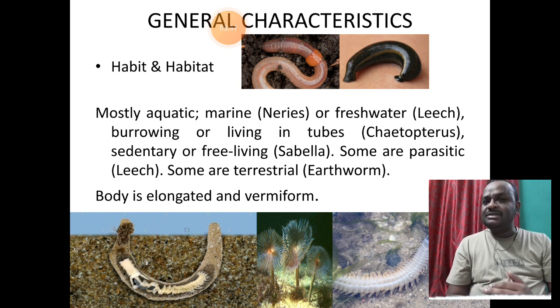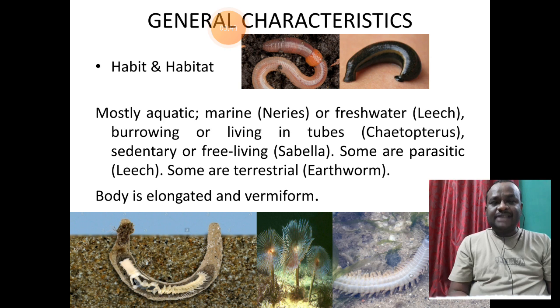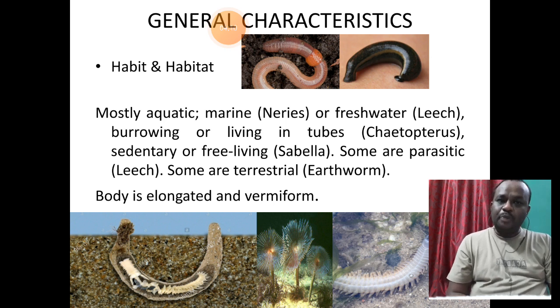So annelids live in both aquatic water bodies. An example of a marine aquatic animal is Nereis and a freshwater annelid is the leech. They also burrow in tubes of different shapes. An example is Chaetopteris.